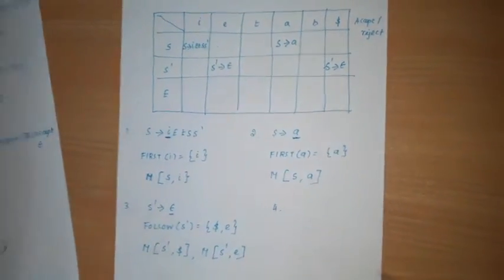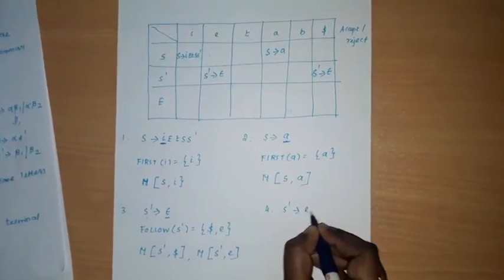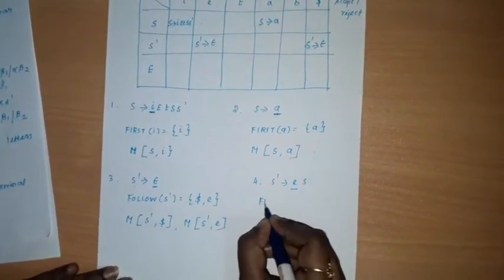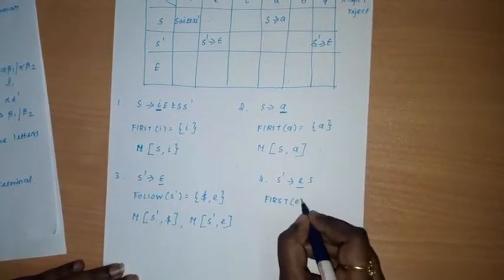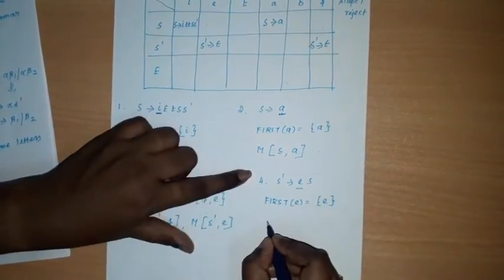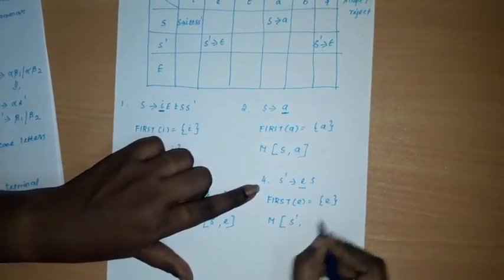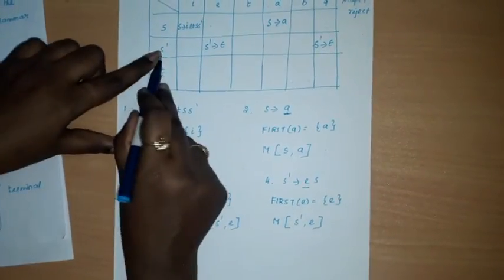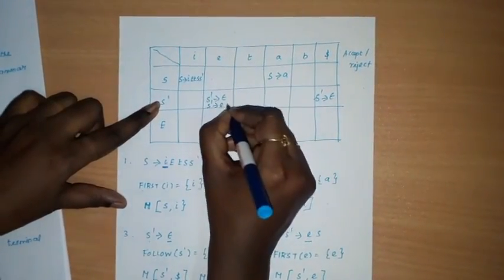Fourth production is S' tends to eS. We find out the first value of the right side first symbol e. So e is a terminal value, so the result is e. So we have to write the making table entry of left hand symbol S' comma the result is e. So S', e, we have to write the production S' tends to eS.